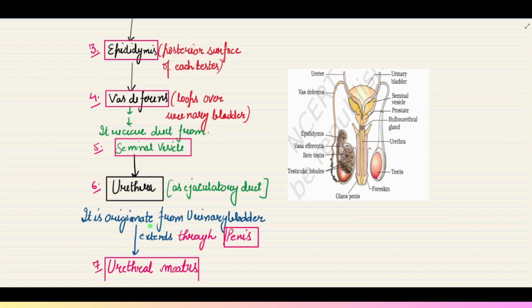The urethra originates from the urinary bladder and extends through the penis. This is the urethra, and it extends from the urinary bladder to form the external genitalia of the male reproductive system, that is the penis.